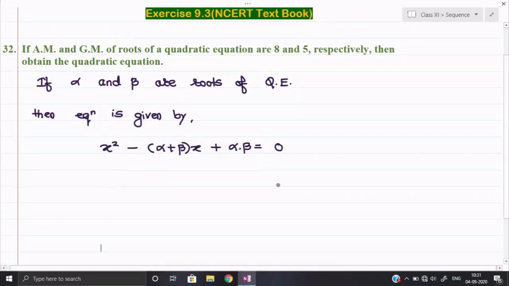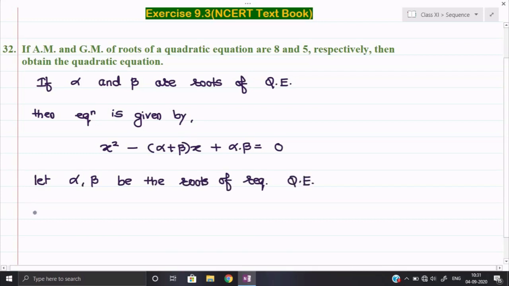Now here, first of all, we shall suppose, let alpha comma beta be the roots of the required quadratic equation.